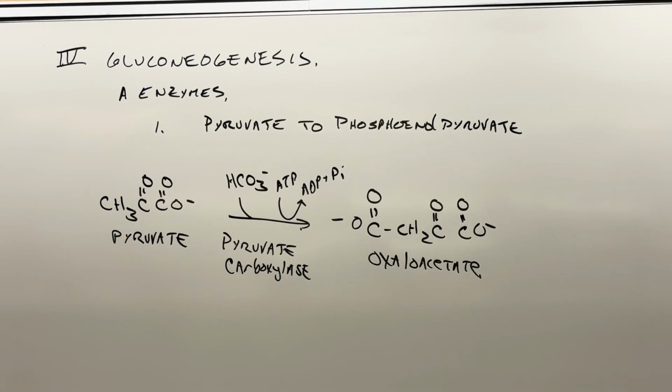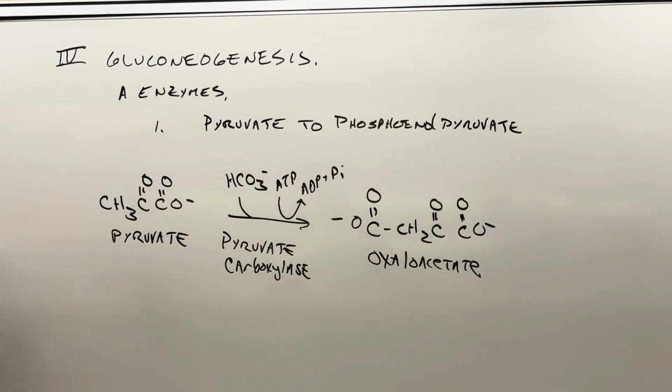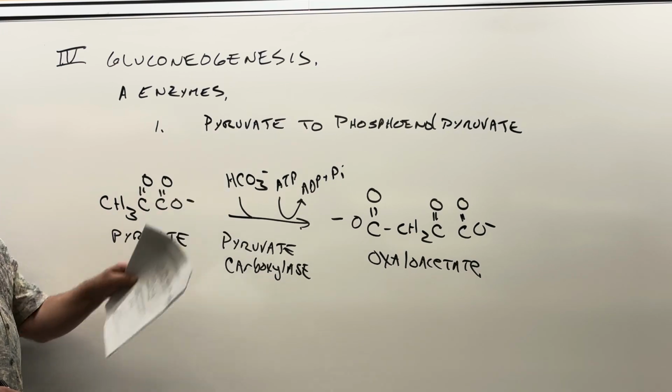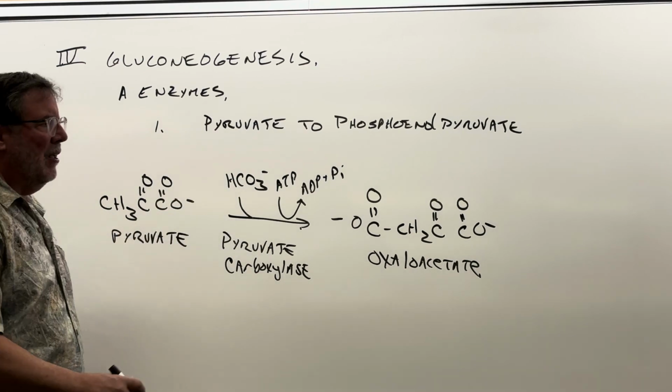We won't get into it, it's called the malate shuttle. We won't necessarily get into that for this class, but typically this happens in the mitochondria, and the oxaloacetate moves indirectly via malate back out to the cytosol.